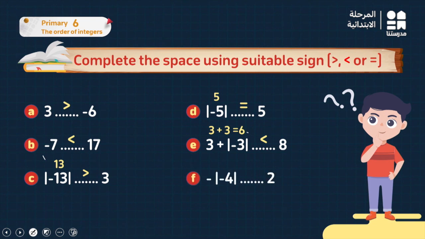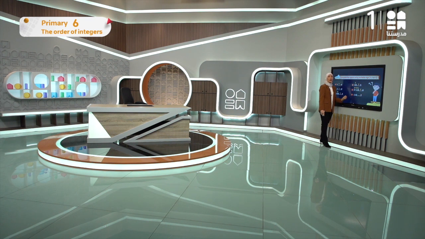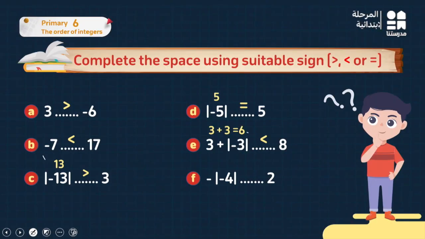F, negative absolute negative 4 and 2. And here is the trick. I have a negative outside the absolute value and a negative inside the absolute sign. So at the beginning, I will put the negative before the absolute as it is and answer the absolute. Find the answer of absolute negative 4. So absolute negative 4 will be 4.